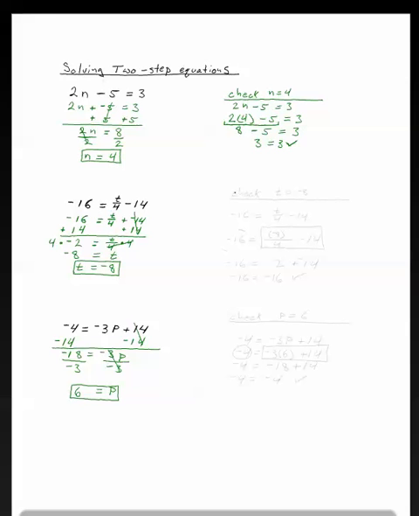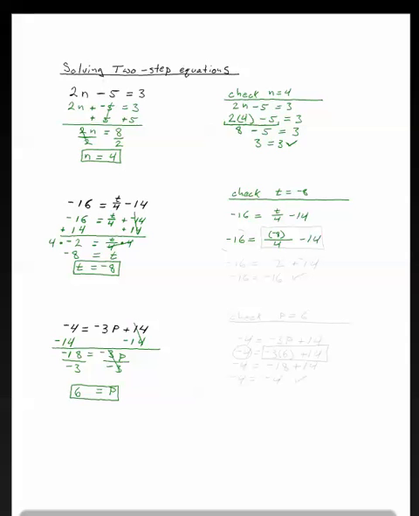So to check the next one, in our second equation we said that t should equal negative 8. So we take our equation, negative 16 equals t divided by 4 minus 14. We're going to replace our variable with a set of empty parentheses, and inside our empty parentheses, we're going to plug in our solution for t, which was negative 8.